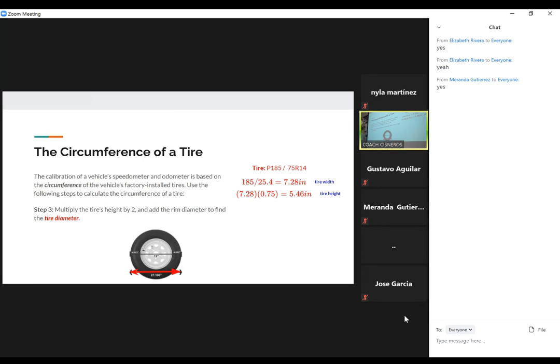So I'm going to multiply that by 2 and then add in this missing gap right here. Well, we know what that gap is. That's 14. That's the rim of the tire. So I take that tire height, I multiply it by 2, and I add in that gap, which is that 14 inches. Now I know that the tire diameter is 24.93 inches.